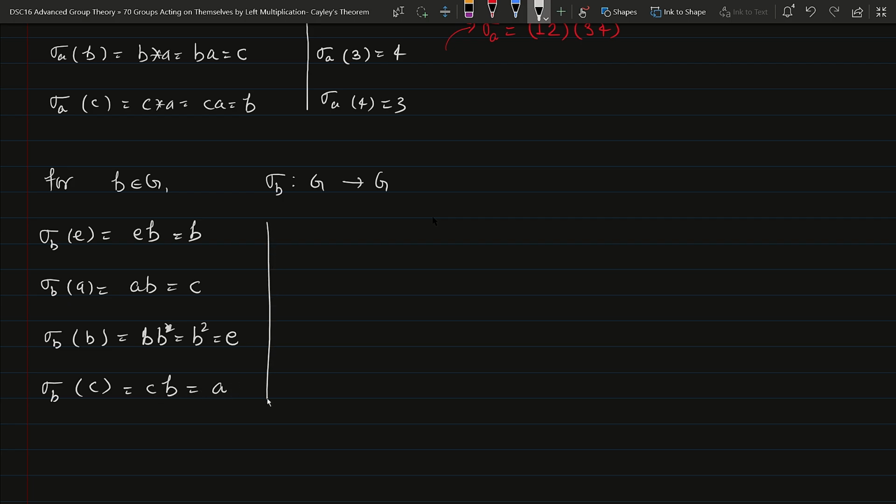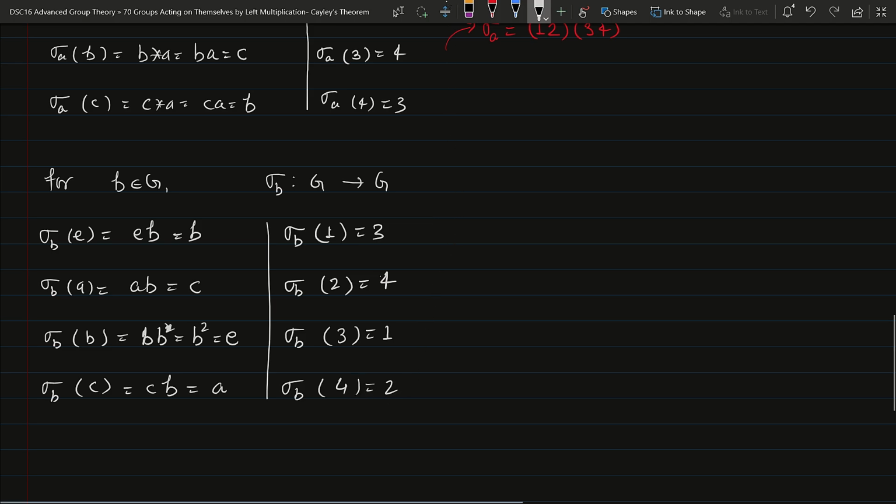Now if we use the labels here, then sigma b on 1 becomes 3, because we labeled b as 3. Okay, then sigma b on 2 becomes 4, since a b is c, and this is 4. Then sigma b on 3 becomes 1. Then sigma b on 4 becomes 2.